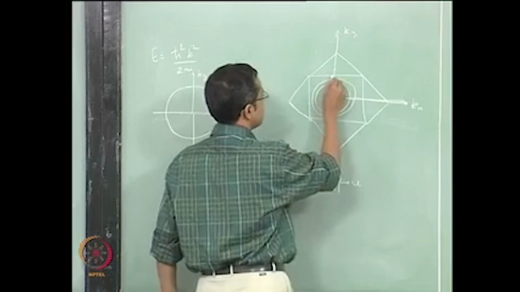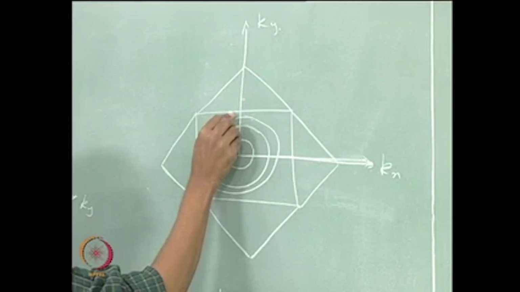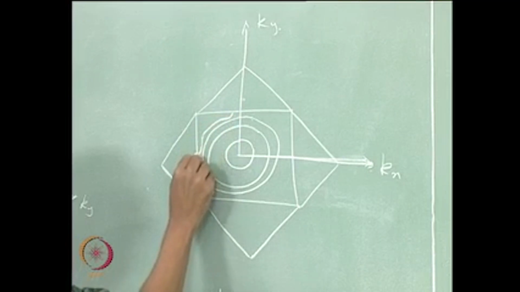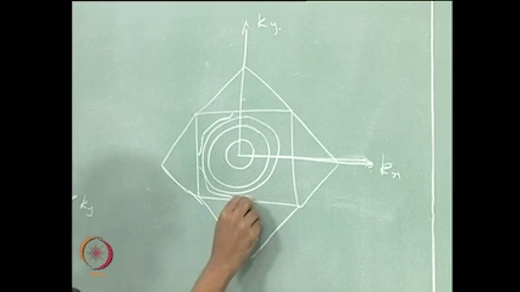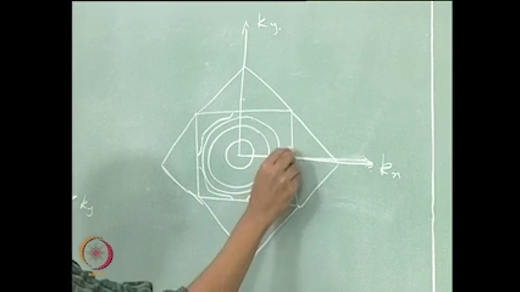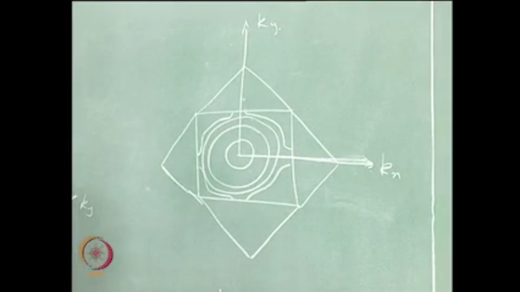If it becomes even larger, it will start distorting. It will no longer be a circle; close to the boundary it will distort like this. So this is how the Fermi surface now interacts with the Brillouin zone and distorts.